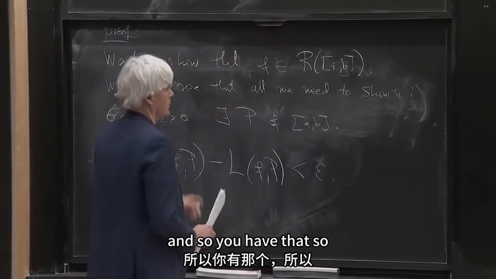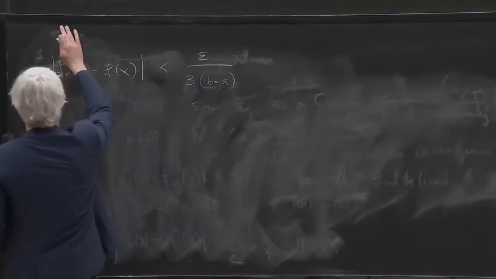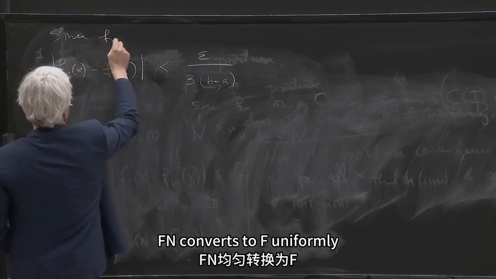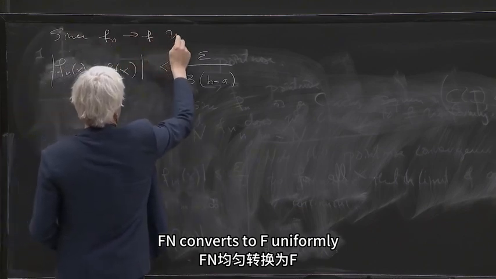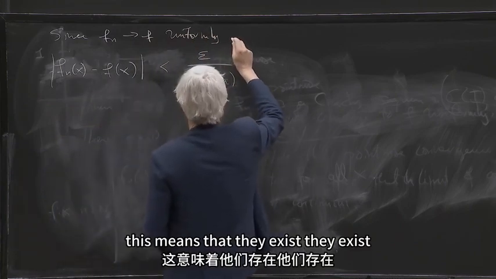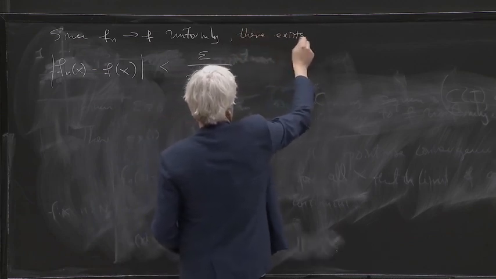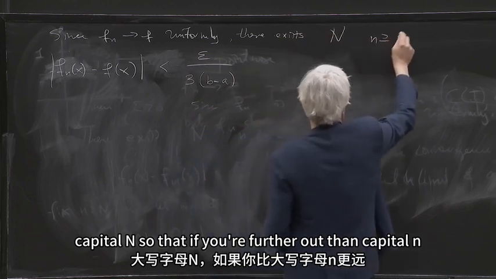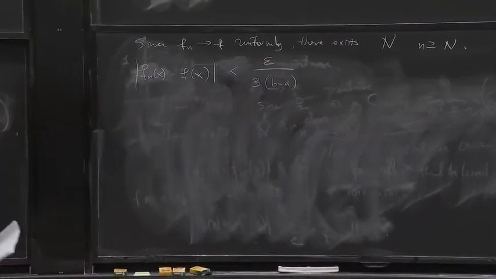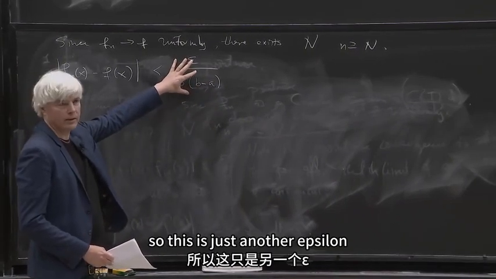So since fn converges to f uniformly, this means that there exists a capital N, so that if you're further out than capital N, then you have this. b and a are fixed, so this is just another epsilon, right?